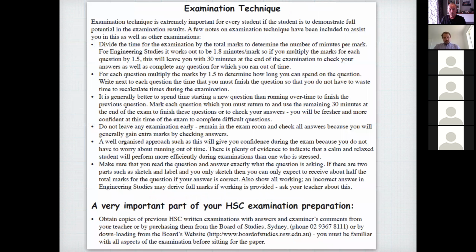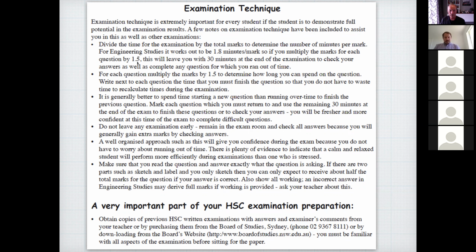This is what I get my students to do. I tell them to divide the time for the examination by the total marks to determine the number of minutes per mark. Now, for engineering studies, that's 1.8 minutes per mark. And so I tell them to multiply the marks by 1.5.